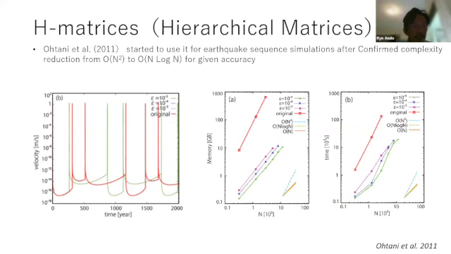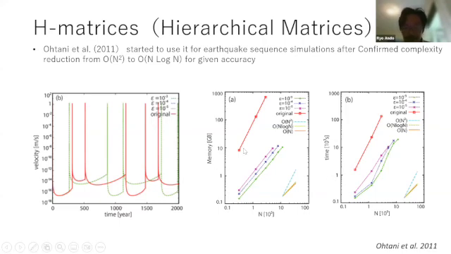The first attempt at introducing H-matrices in our community was Ohtani et al., 2011. In her earthquake sequence simulation, she beautifully showed the numerical convergence of her simulation, and also the reduction in memory and computation time.